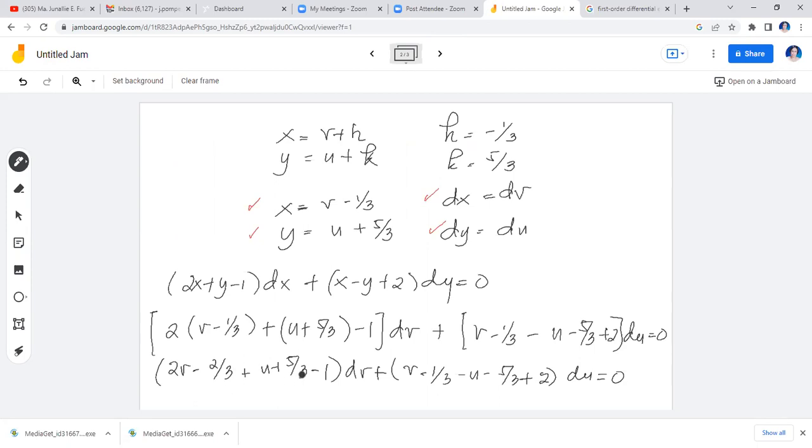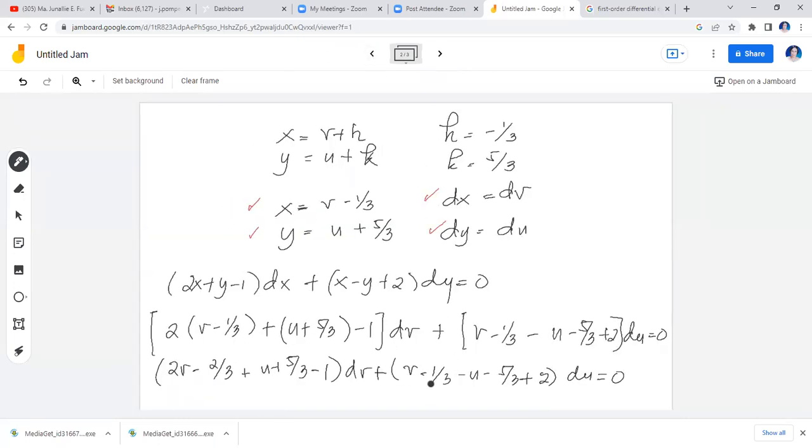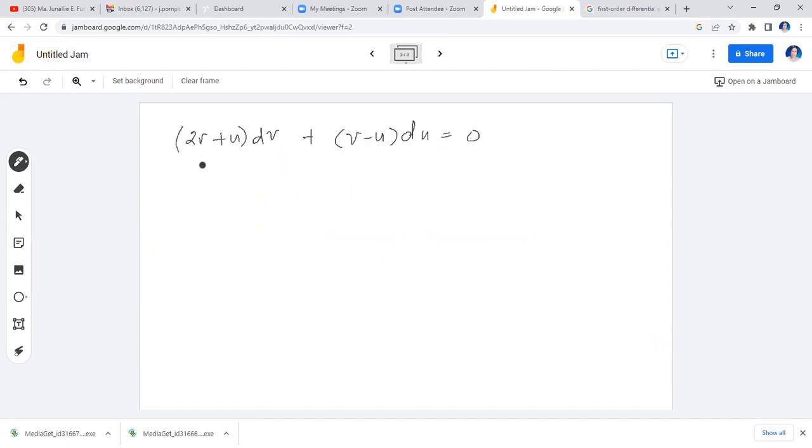Minus 2/3 plus 5/3 is positive 3/3, or plus 1 minus 1, that's 0. Then we copy the v minus u. Then we simplify the constants. Combine negative 1/3 minus 5/3, it's negative 6/3, or negative 2 plus 2, that's 0. So this is our DE now.